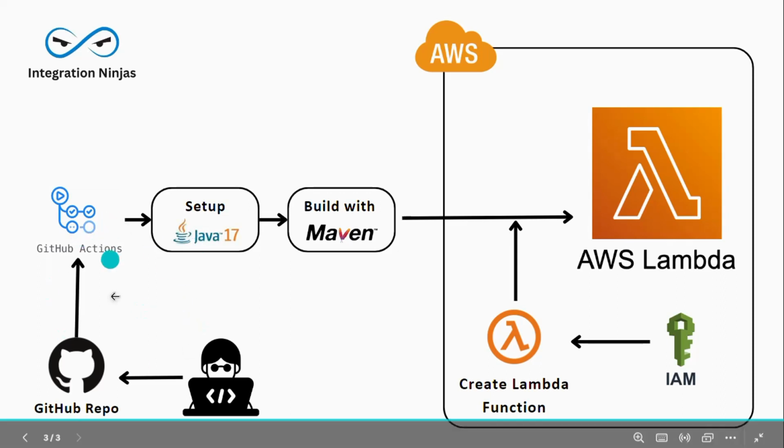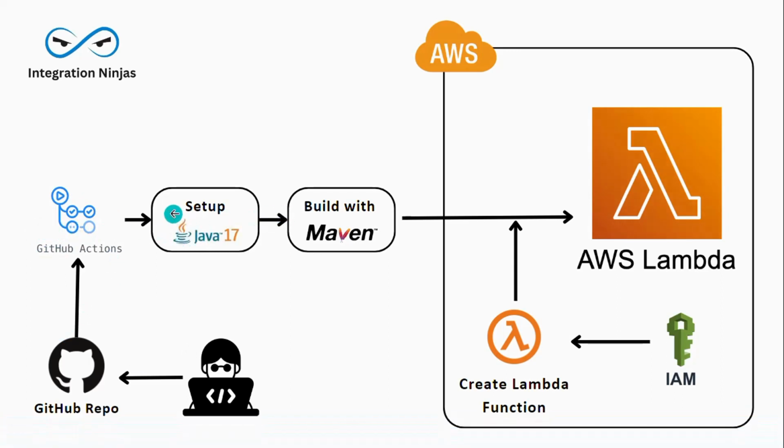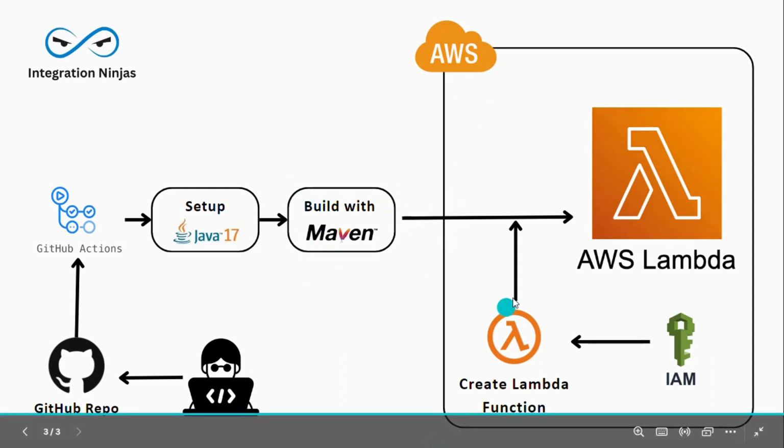First of all, we will create a workflow file as usual. We'll set up the build environment, setting up Java on whatever runner we are going to use, with Java 17 there. Since my project is on Java 17, I will build that project with Maven, and after that I will configure my AWS credentials.